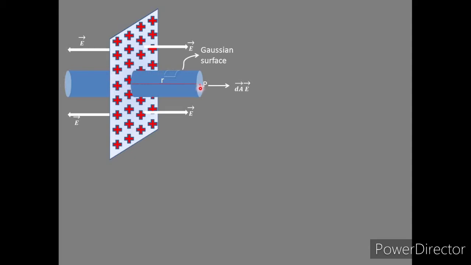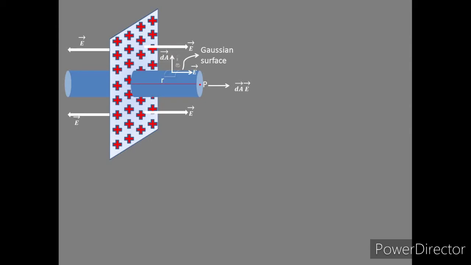As with the point P, I am going to consider another point P dash on the left side also, and in this infinitesimal area I am going to draw an area vector, which is perpendicular, and the electric field is acting away. This is the area vector direction, and this is the electric field direction.